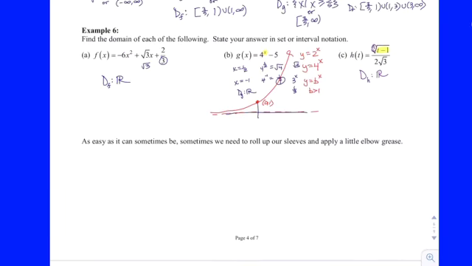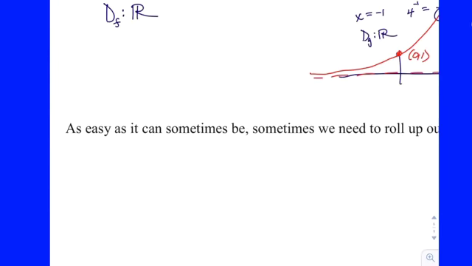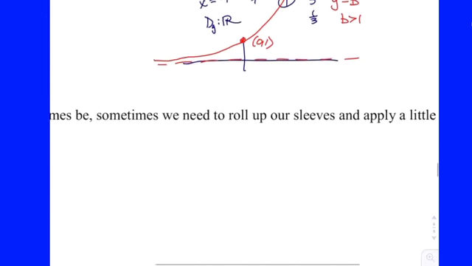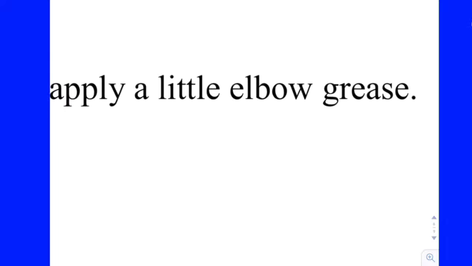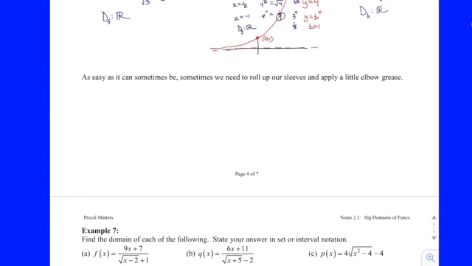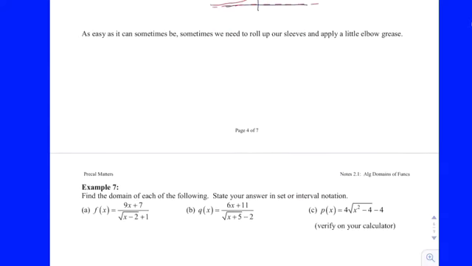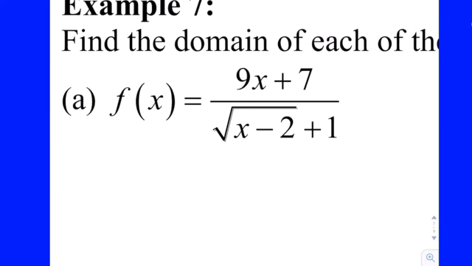Odd root indices. Okay, as easy as it can sometimes be, sometimes we need to roll up our sleeves. I'm wearing short sleeves. And apply a little elbow grease. That's like what old people say. What does elbow grease look like? Are they talking about like skin lotion? Yeah, anyway, I don't know. Okay. Idioms, right? Elbow grease.